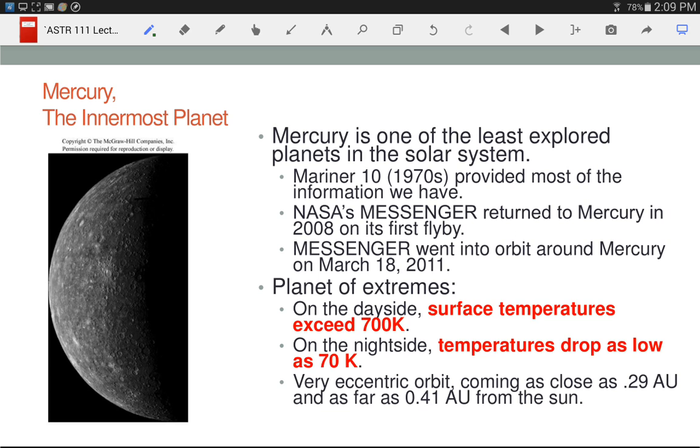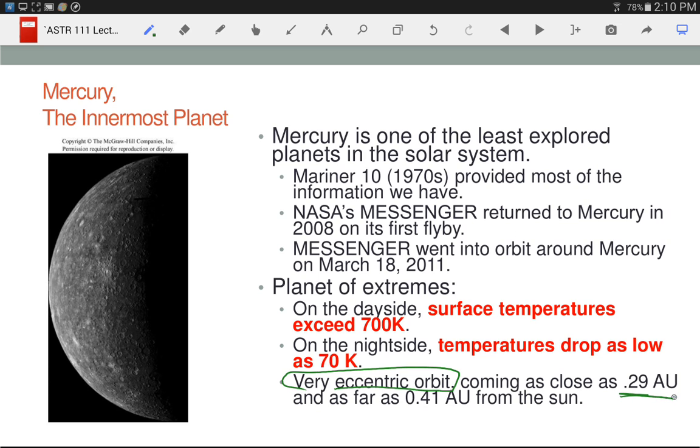We have done a fair amount of exploration of Mercury. You see that there are some recent dates here. Messenger went to orbit around Mercury in 2011. So our information about Mercury is fairly recent. Its orbit is the most eccentric of any of our planets. Most eccentric means it's the farthest from circular, the most elliptical.